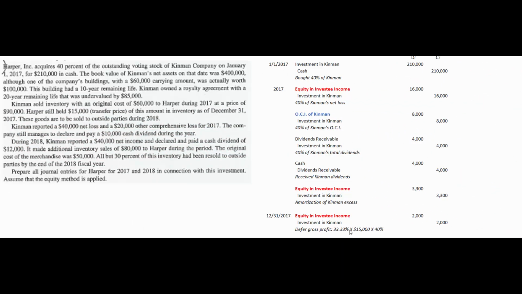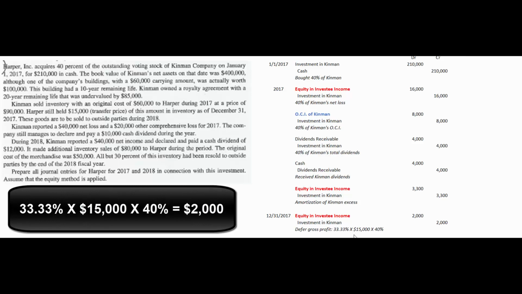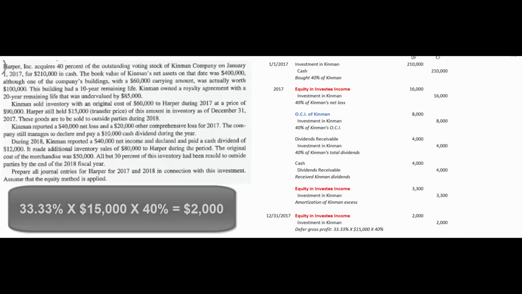So we'll take 33.33% times 15,000 times the 40% of Kinman that the parent Harper owns, and that means we're going to defer $2,000. Again, we don't debit any special account. We just decrease our equity investee income by that $2,000 and decrease our investment by $2,000. And then when we sell that stuff at the beginning of next year, we'll reverse that out.